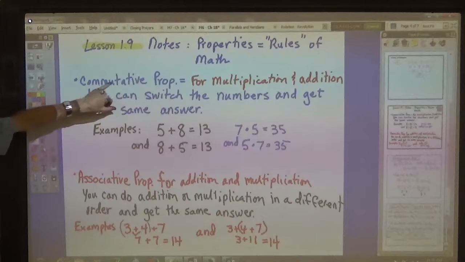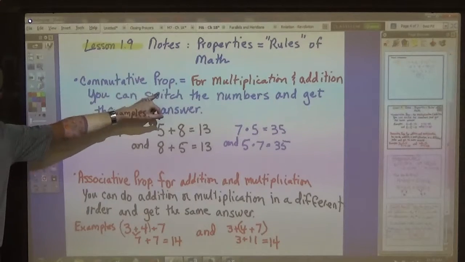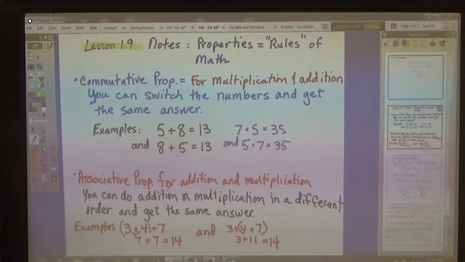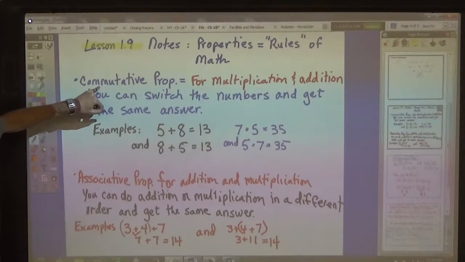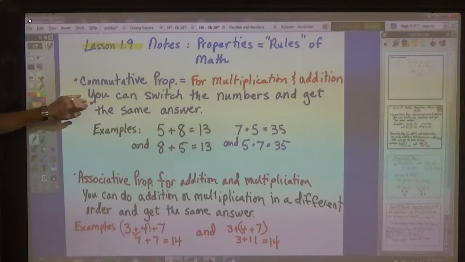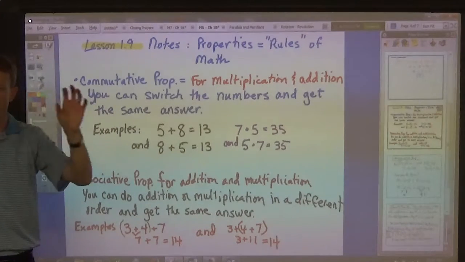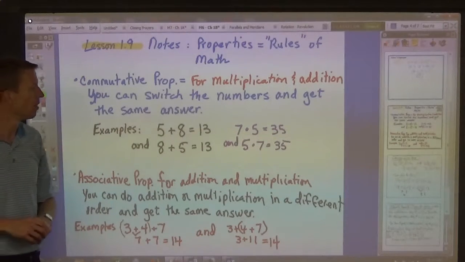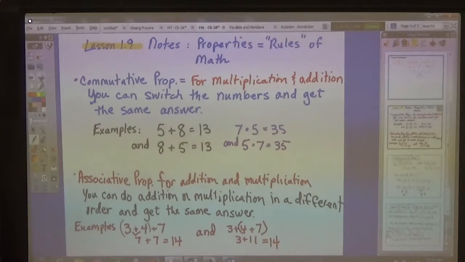This rule, in math they call it a property, which means that it works when you use it. And this is called the commutative property. The commutative property works for both multiplication and addition. What the commutative property says is that you can switch the order of the numbers and still get the same answer.